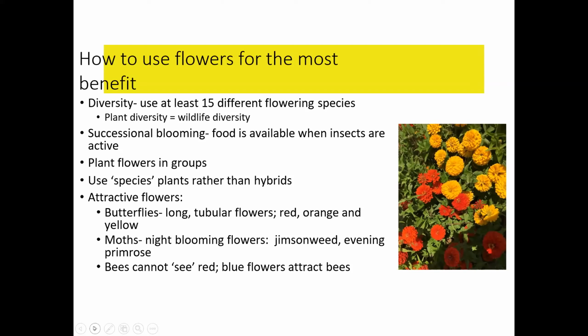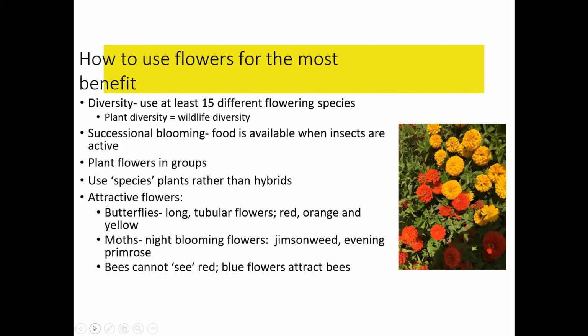And we encourage you to use species plants instead of hybrids. Hybrids are plants that have been bred for certain characteristics that are desirable to people. Could be large size, could be certain color, could be disease resistance. It could be a lot of things. And hybrids are not necessarily bad, but in the world of pollination, they can be bad.